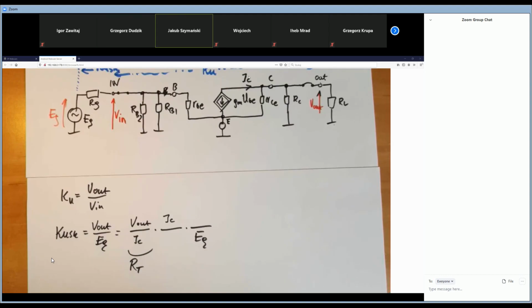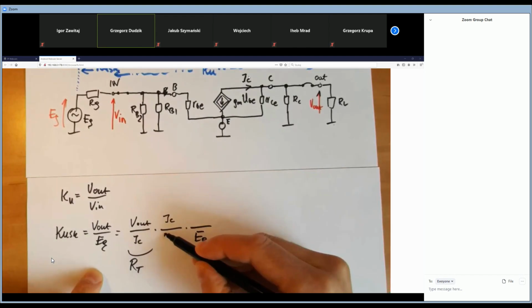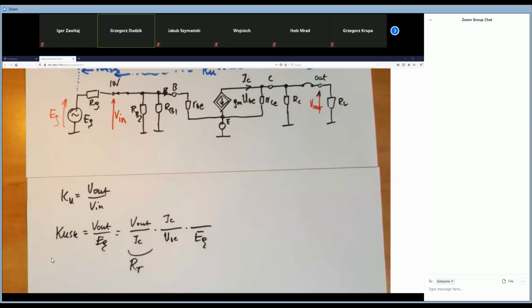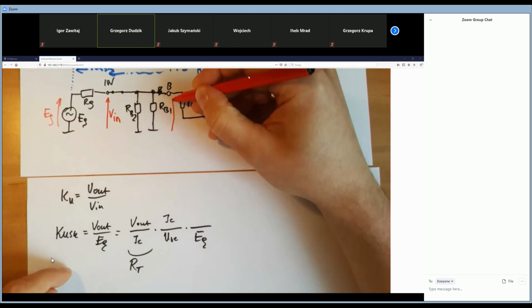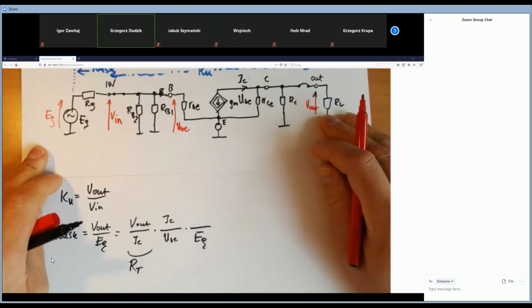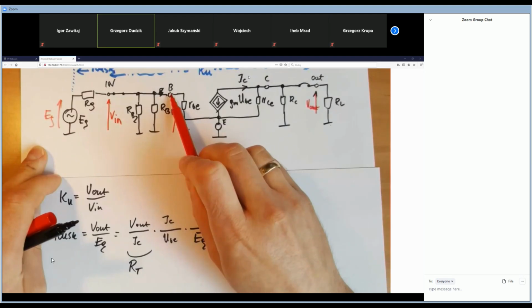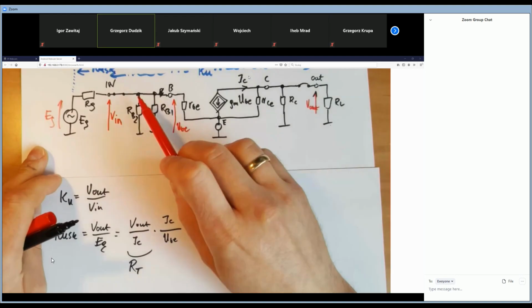Yes. Okay. We've got the IC here. Let's divide it by UBE. What is the UBE? This is the voltage drop between the base and emitter. The emitter here is on the ground. So this is the UBE. But look, to the base, we have the parallel connection of the resistances to the ground.